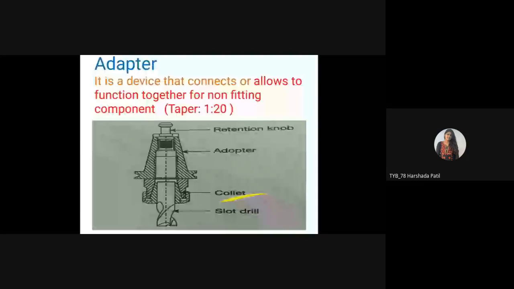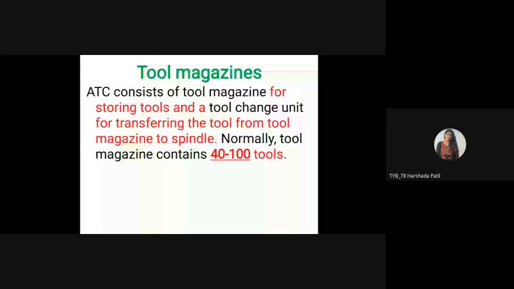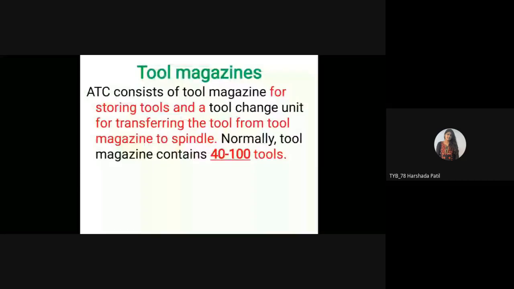Then we have discussed the tool magazine. Actually, a tool magazine is provided for the storage of tools only. Normally in this tool magazine we can store a maximum of 100 tools at a time in a single machine for manufacturing purposes. So this is a good thing, because we can store a larger number of tools in a single place.